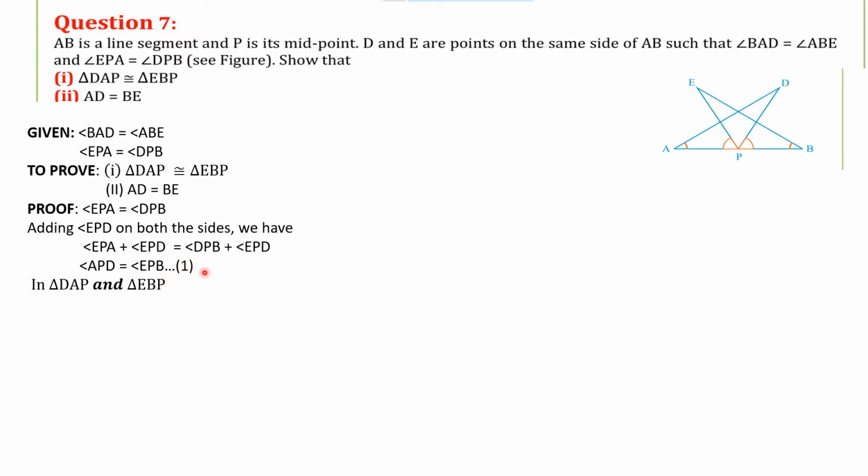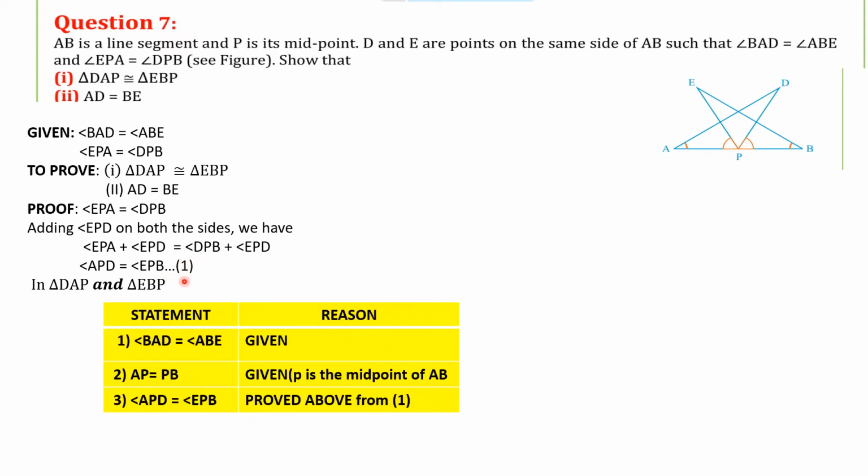Let us name this equation as 1. Now let us take the two triangles and write the three congruent parts. First part is given in the question, that is angle BAD is equal to ABE, and second is AP is equal to PB, and third, just now we proved this, angle APD is equal to angle EPB, proved above from 1.